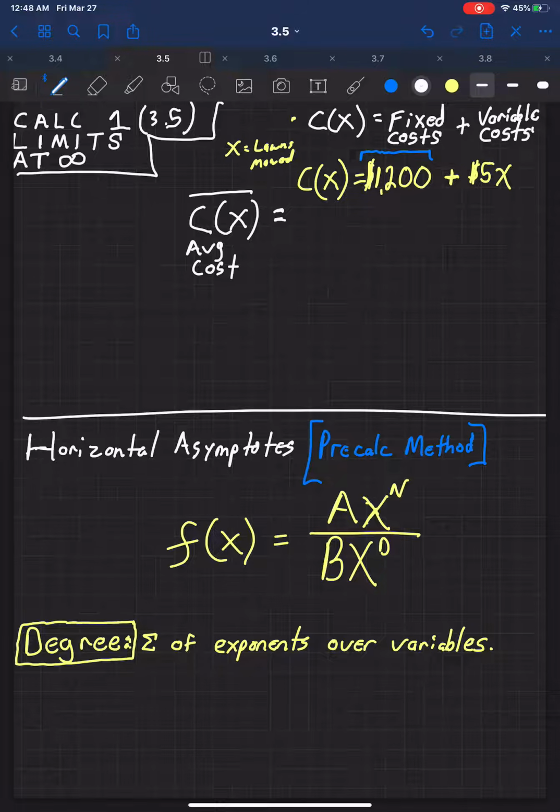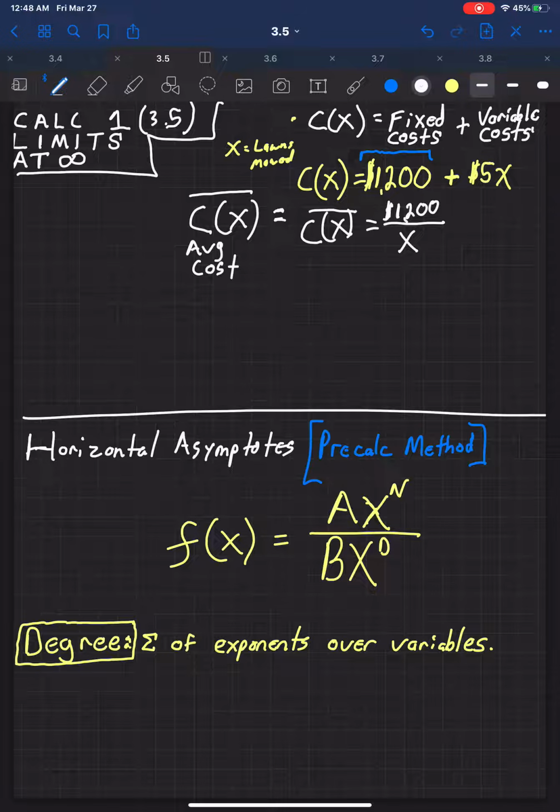Likewise, the average cost would just mean your original cost function divided by X.